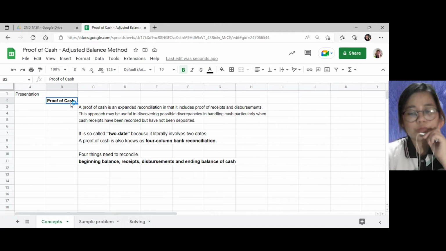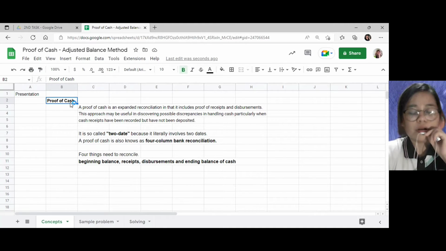So, there are four things na kailangan nating i-reconcile. And ito ay ang mga the beginning balance, the receipts, the disbursements, and lastly will be our ending balance of cash. So natawag siyang four-column bank reconciliation, guys. It is because apat na bagay ang ating tinatry na i-reconcile dito.